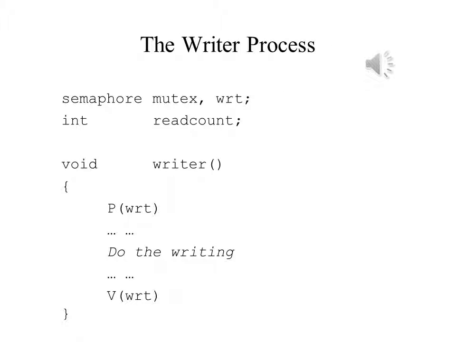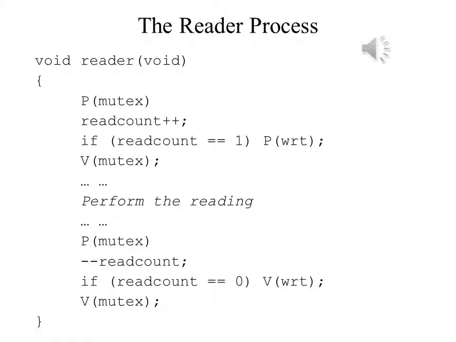The simplest solution that avoids this is to have the reader come in, reserve the resource, read, and then free the resource. To avoid the potential starvation, we queue up exactly one reader in the writer's queue.